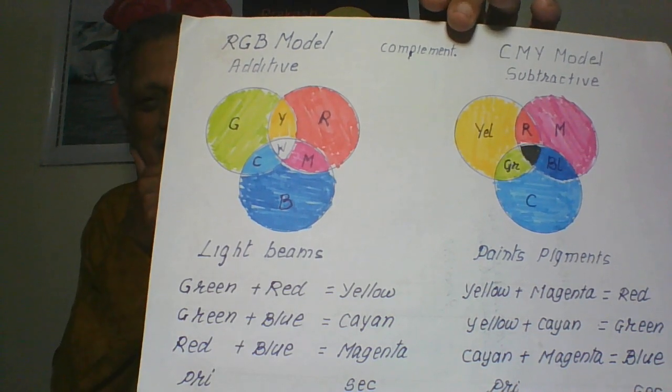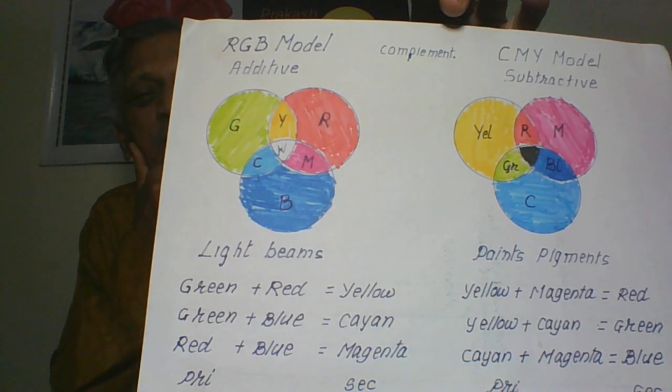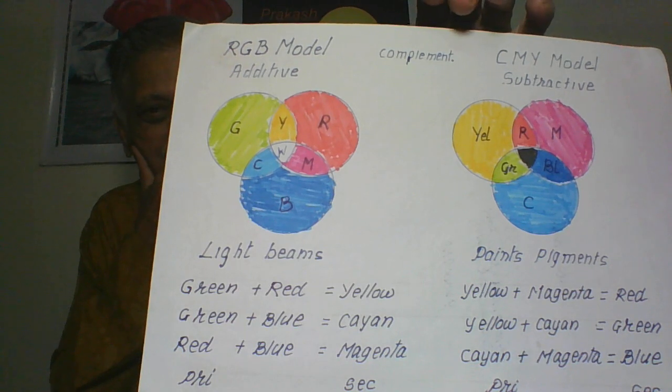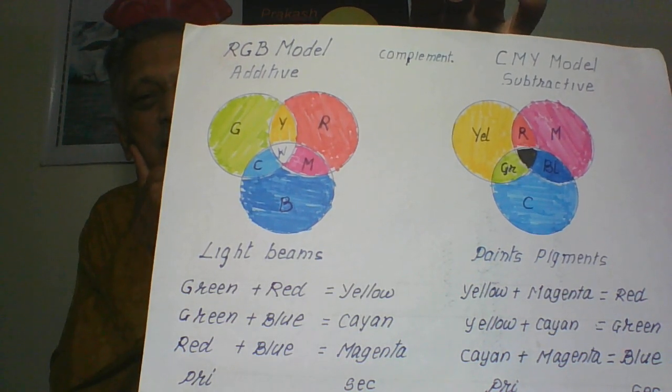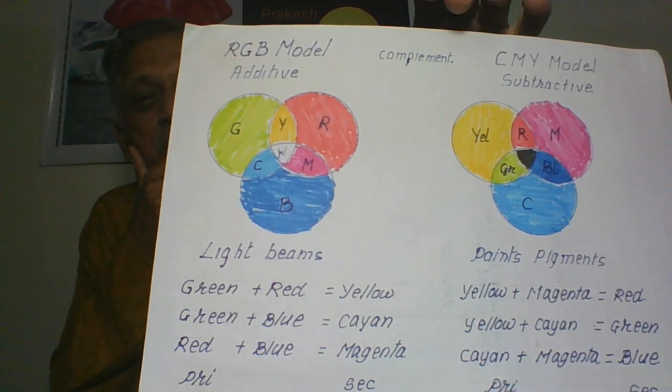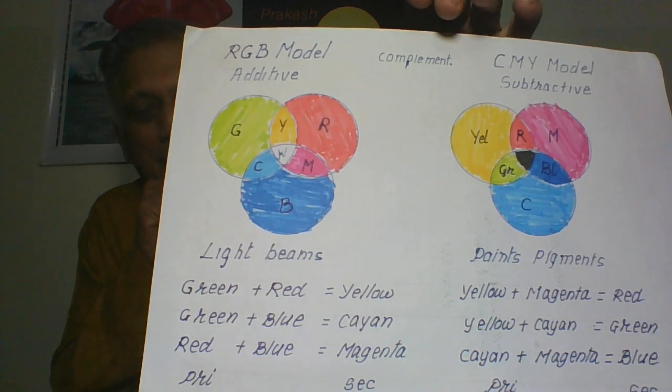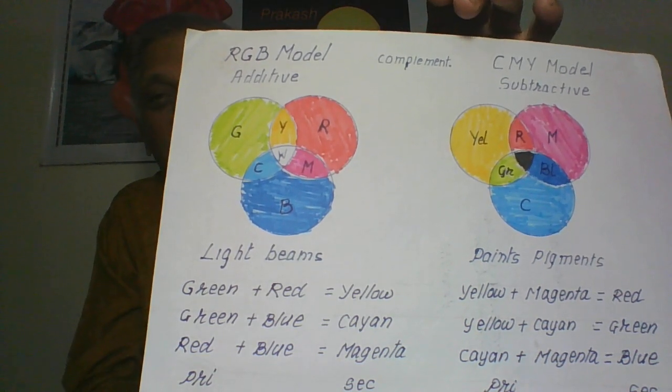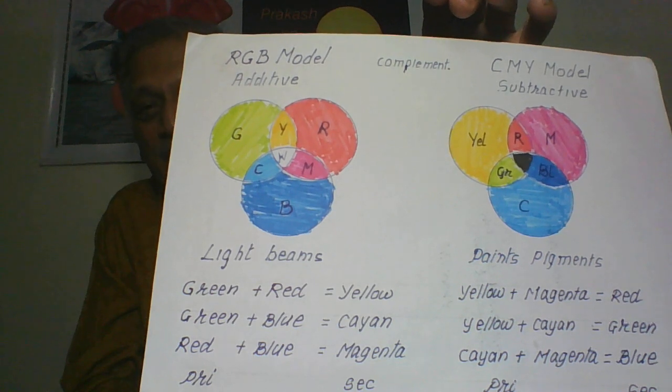Let us give it another try. Let us say I talk of yellow. In the RGB model it is made out of a red and green mixture, and let us look at cyan. Cyan is made out of blue and green in the RGB model. So, we know how they are made. Now, suppose we overpaint one on top of the other.